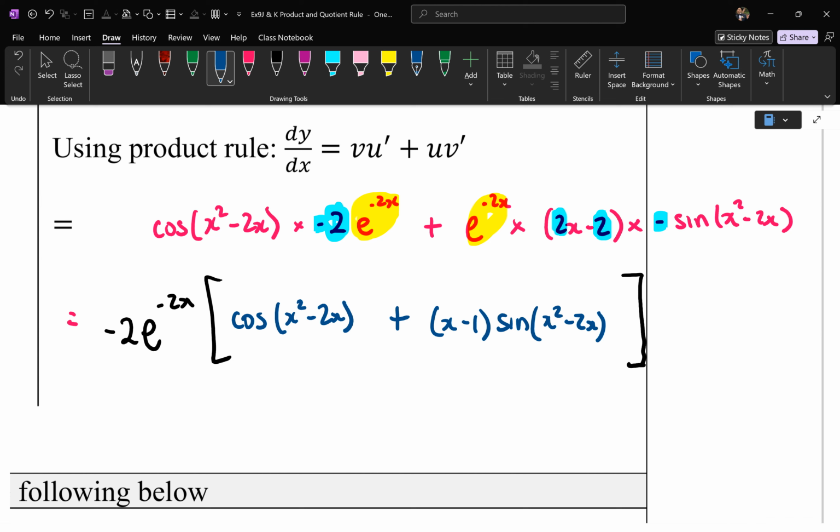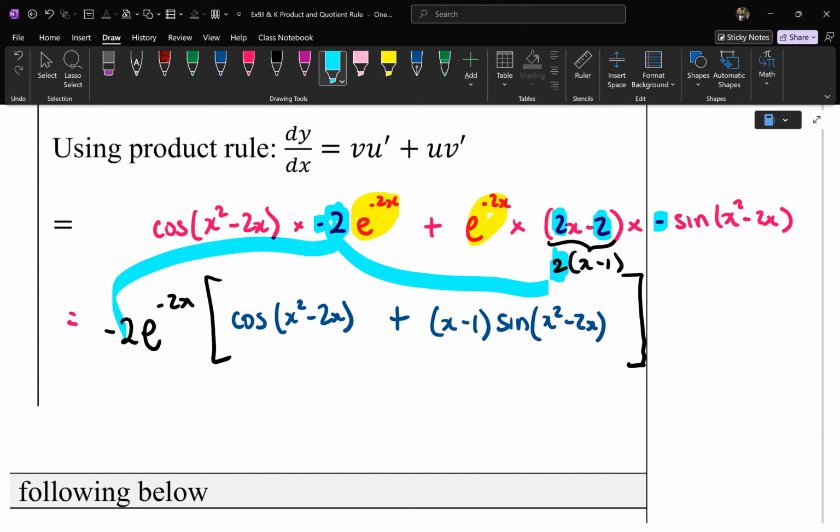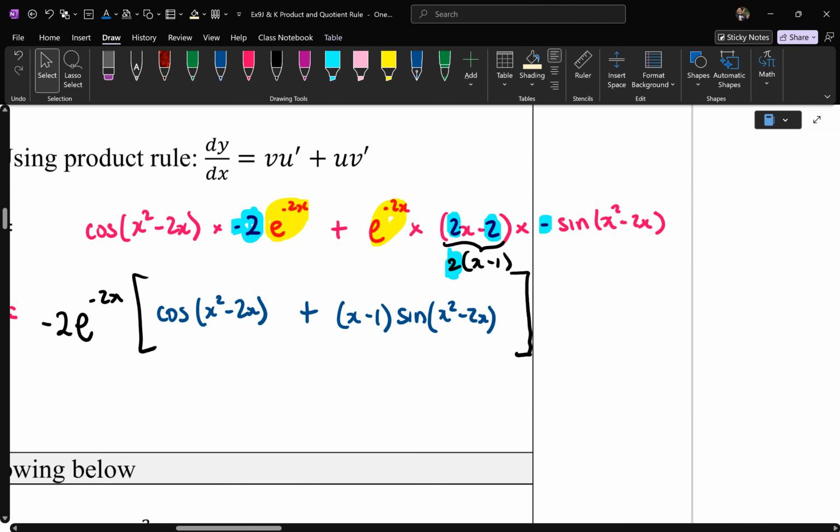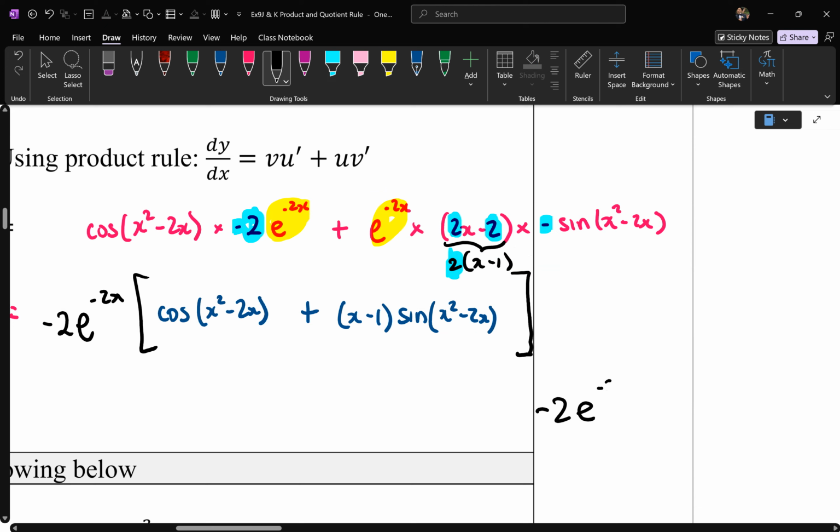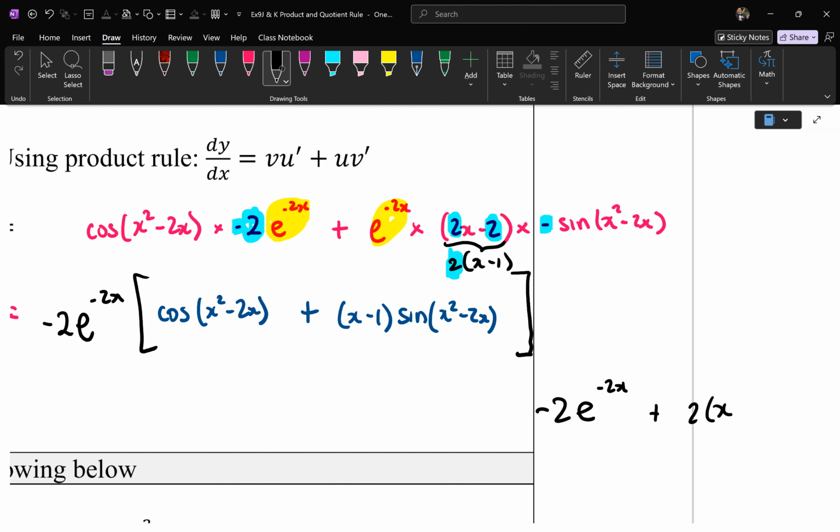The x minus 1? Yeah. So this one, I took out 2, so it's x minus 1. And then that 2 and this 2 is out here. Oh, I skipped a couple of steps there. Sorry. Oh, okay, yeah. So that's minus 2e to the negative 2x, and you've got plus 2 bracket x minus 1 e to the negative 2x.